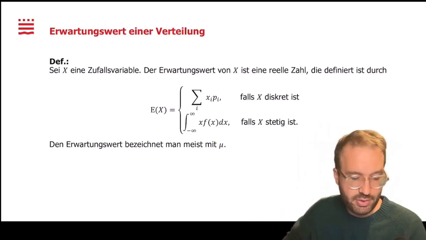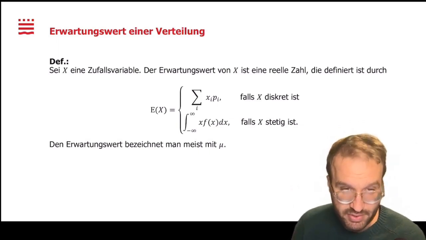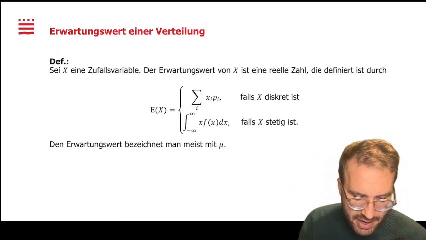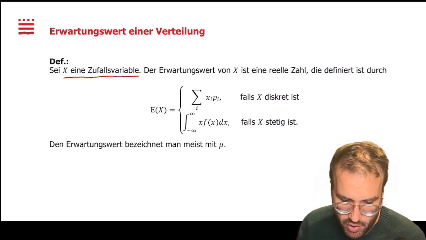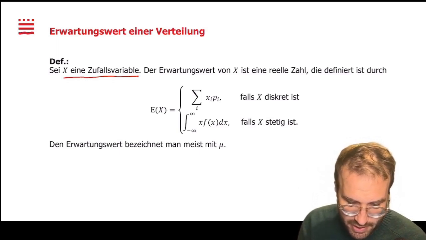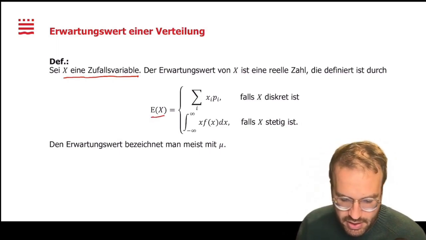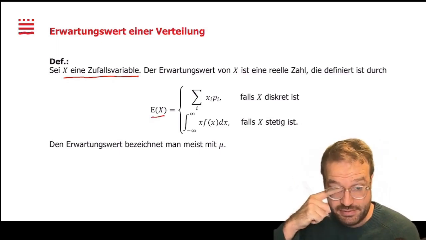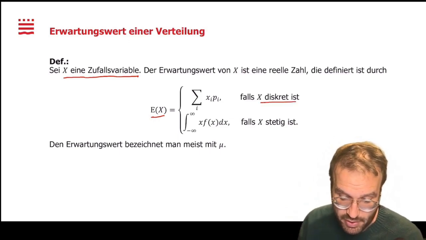The random variable, here is the formula, and let's go through it briefly. So we always have a random variable given, and then we call the whole thing the expected value, and often write E of X. And as mentioned, there is this division. Let's take a look at how it looks for discrete random variables.